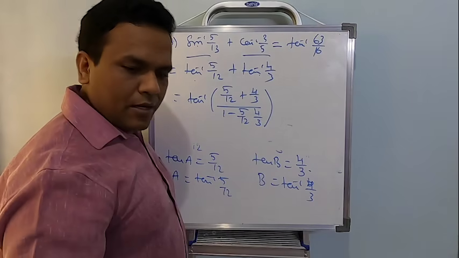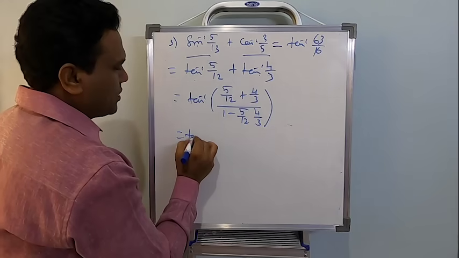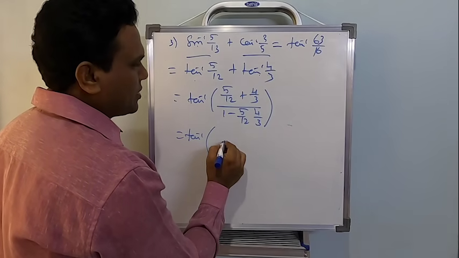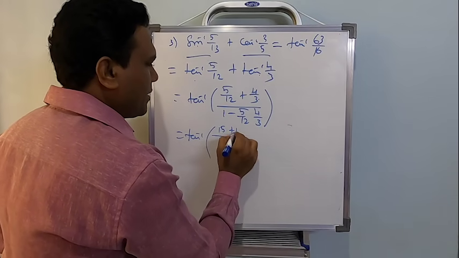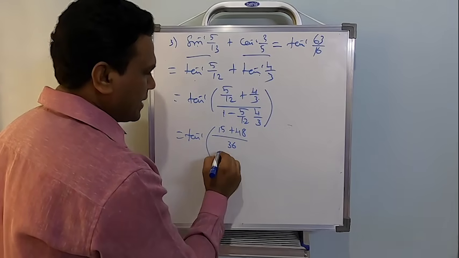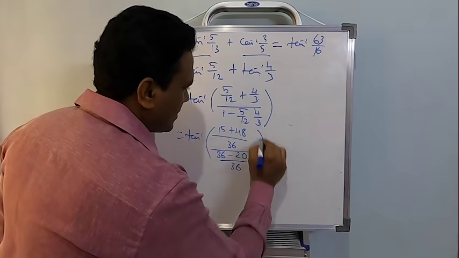So let us start simplifying by taking LCM. This further can be written as tan inverse of, 12 multiplied by 3 is 36, so LCM will be 36. So how much is this going to be now? 15 plus 48. Now in the denominator, 36 is the LCM, so 36 minus 20 by 36.